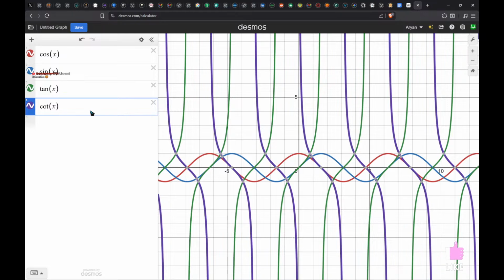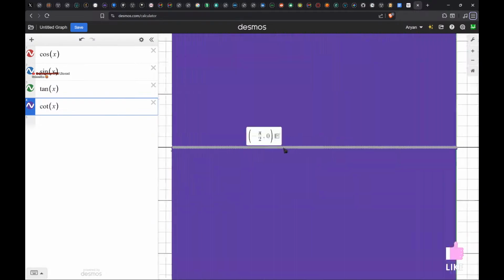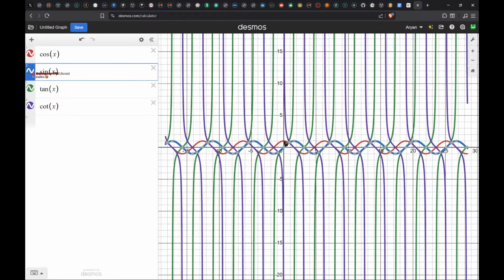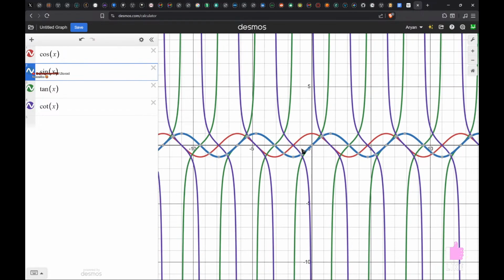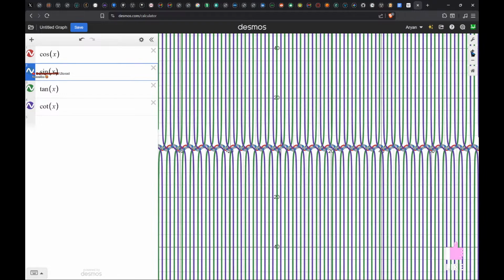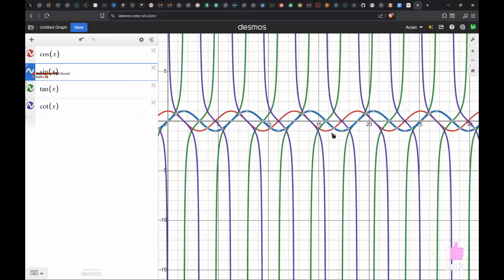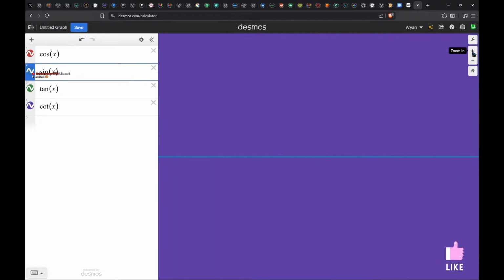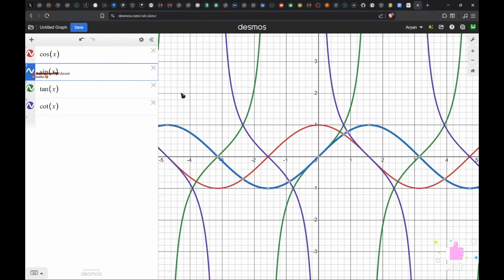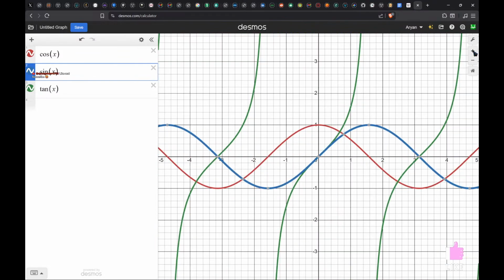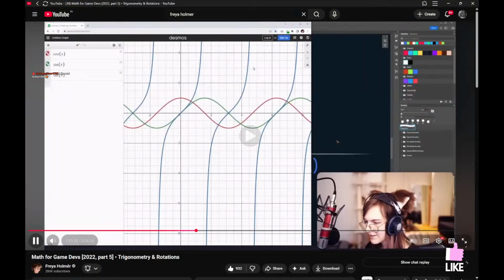This is cot x, cos by sine. Back there, and then it repeats the pattern.